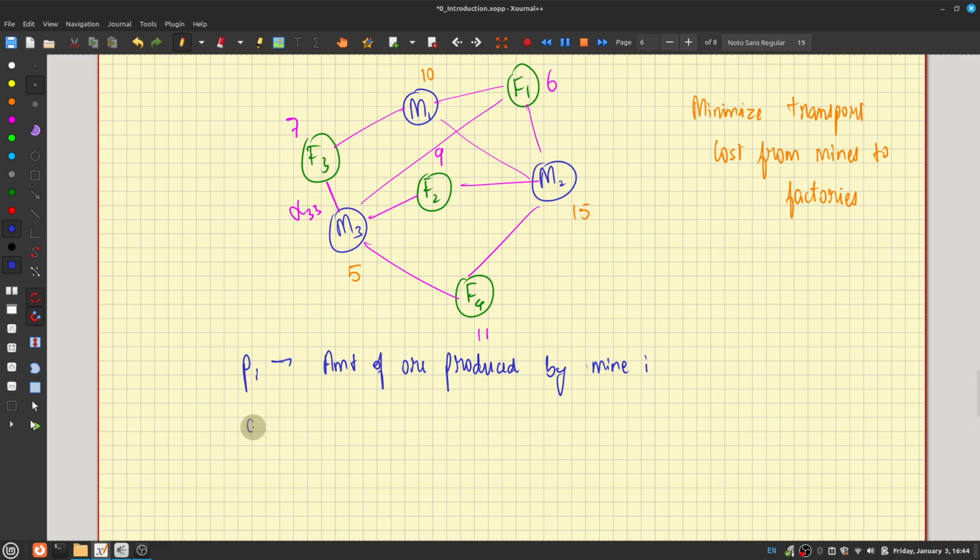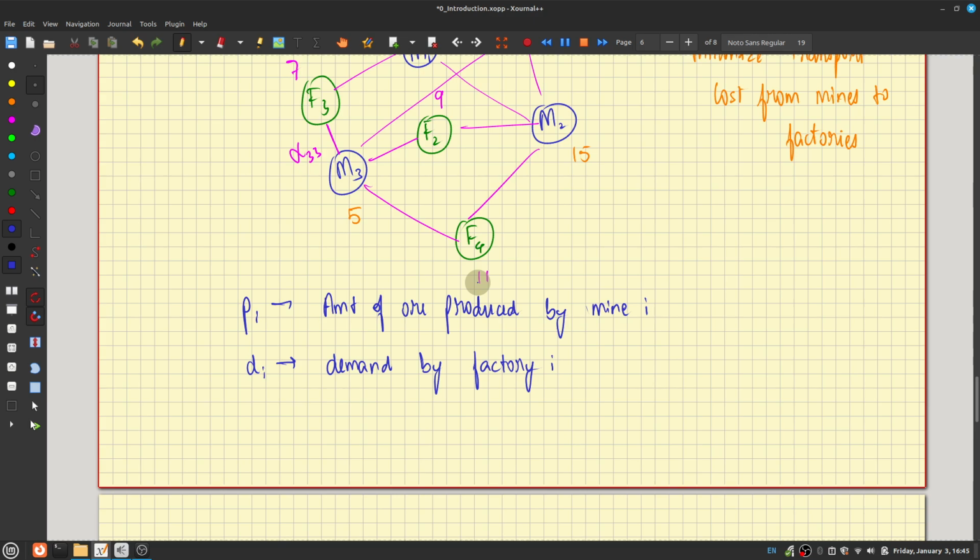And similarly, let's say that Di is the demand by the ith factory. All right. In this case, P1 is 10, P2 is 15, P3 is 5, and D1 is 6, D2 is 9, D3 is 7, and D4 is 11.